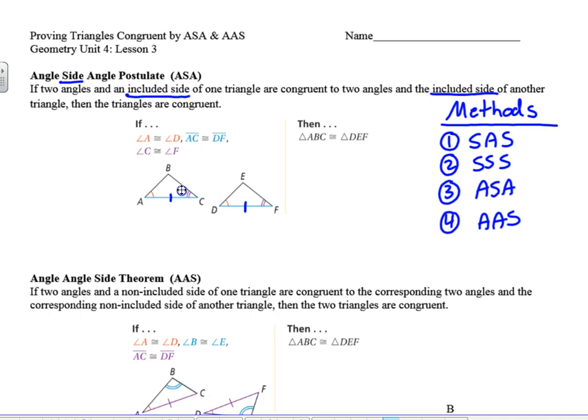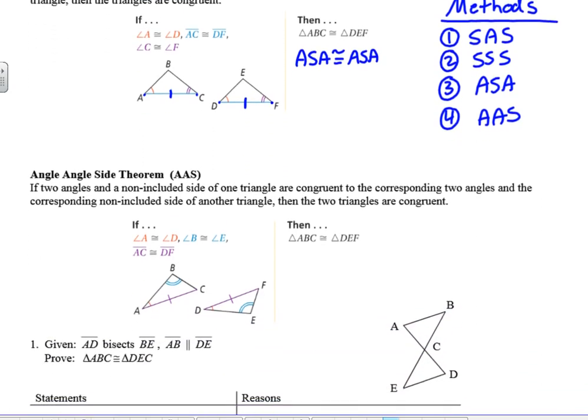The endpoints of the side are the vertex of the two angles that you know. That's how you know that it's an included side. So this would be angle, side, angle, congruent to angle, side, angle. That's the reason. So if you go clockwise or counterclockwise along your diagram, you get angle, side, angle.